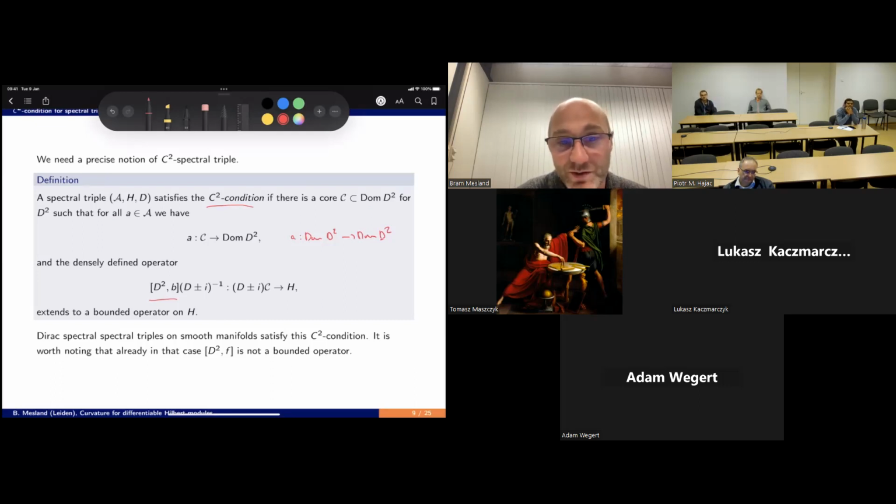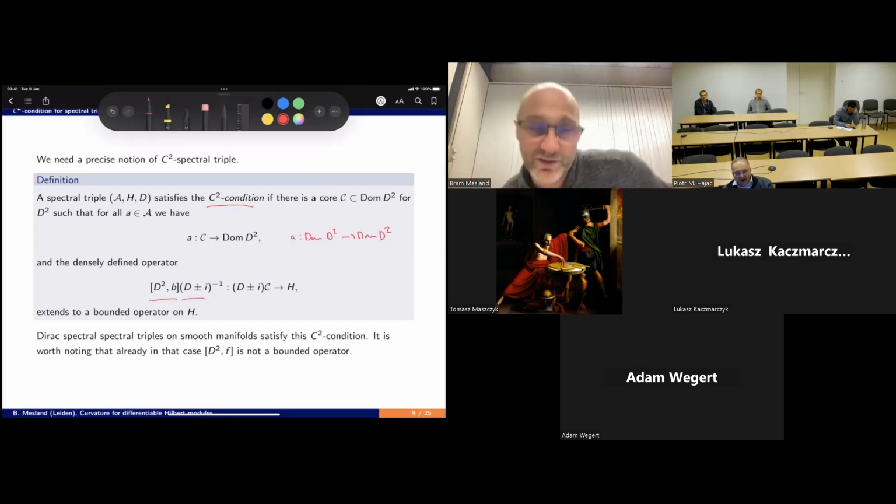These will usually be first order operators. So I'm commuting a function with a second order operator. In the classical geometric setup, this gives me an order drop of 1, but that still leaves me with an order 1 operator. So the right C2 condition is this one, that the commutators with d squared and functions are unbounded, but as unbounded as d was.